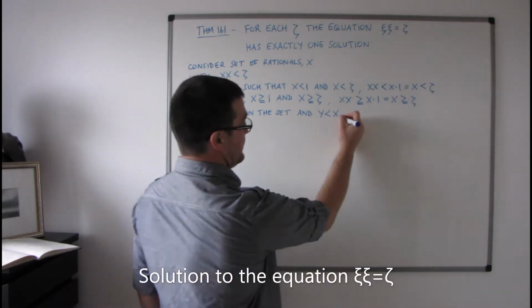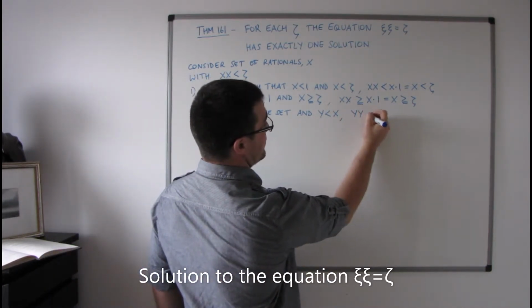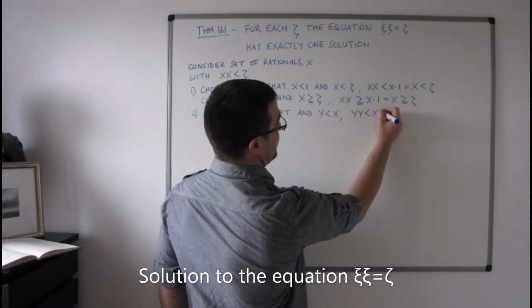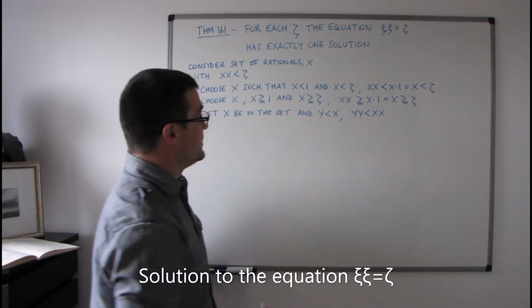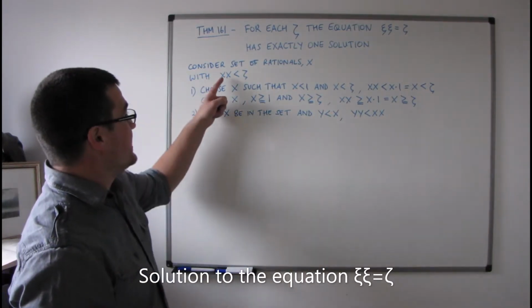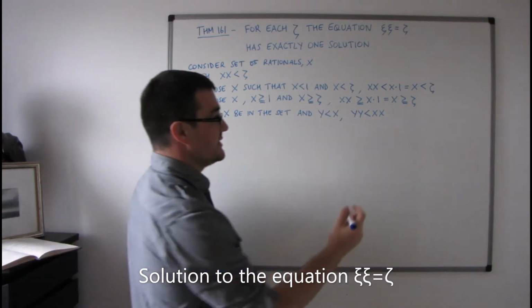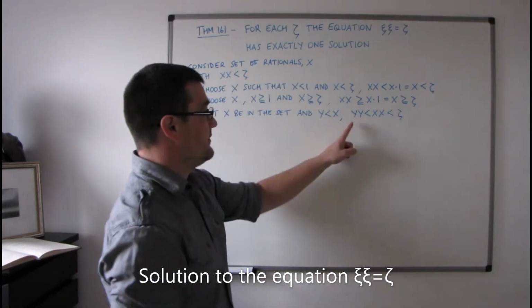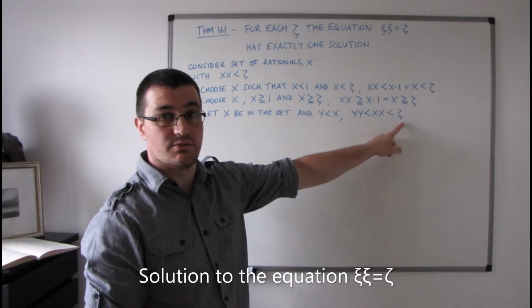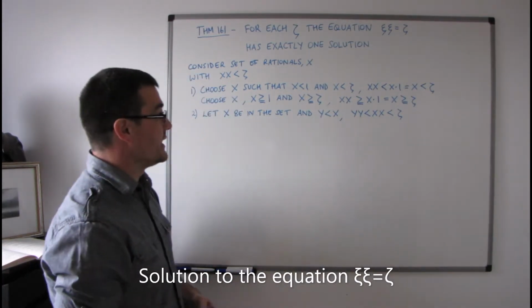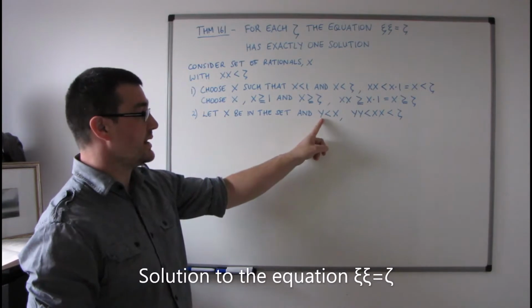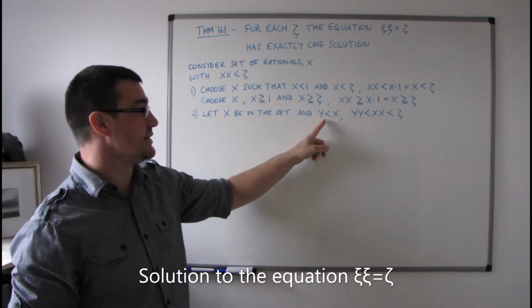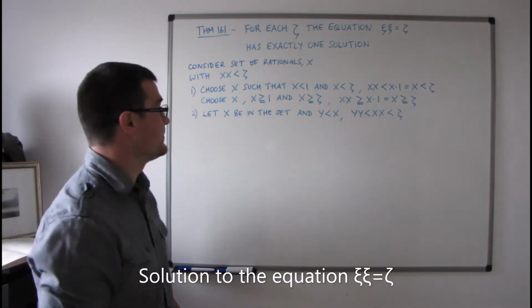Well, in this case we get that y times y is less than x times x, but if x is in the set, then x times x must be less than zeta, and therefore y times y is less than zeta as well, in which case y, this y which was arbitrarily chosen, must also be in our set.